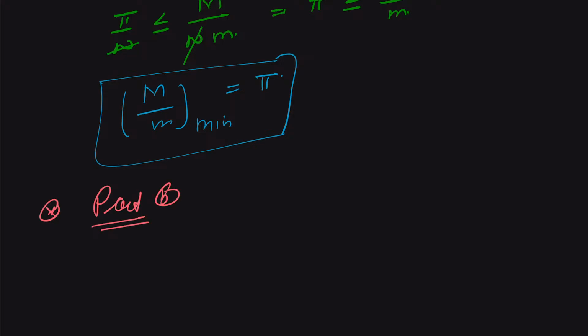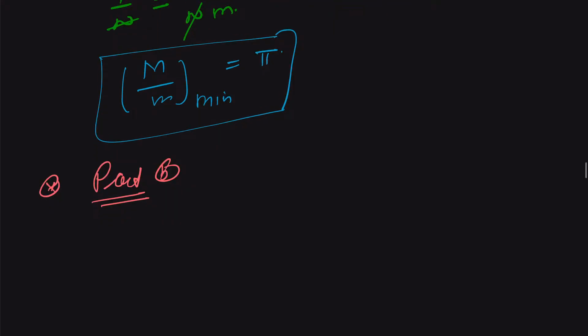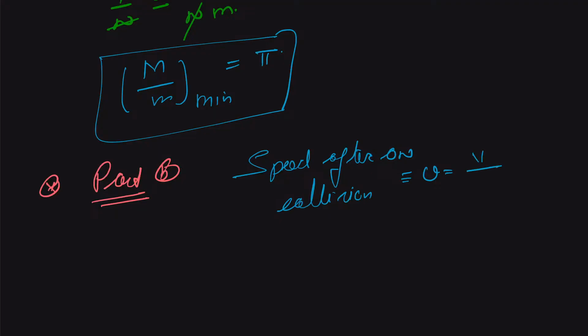Part B, and we already derived it, the speed after one collision. You already found out the speed after one collision, that v is equal to v upon m plus mu and square root of m square plus mu square.